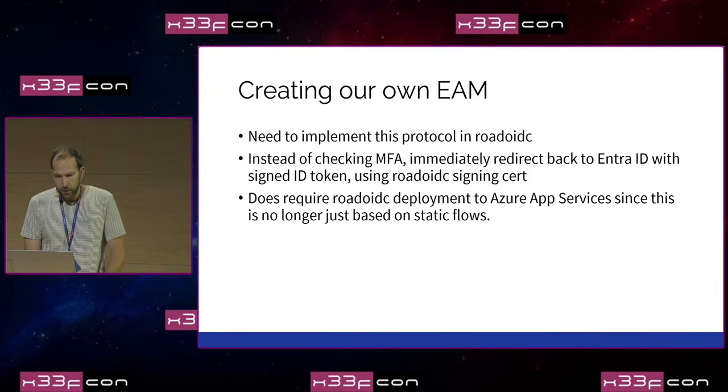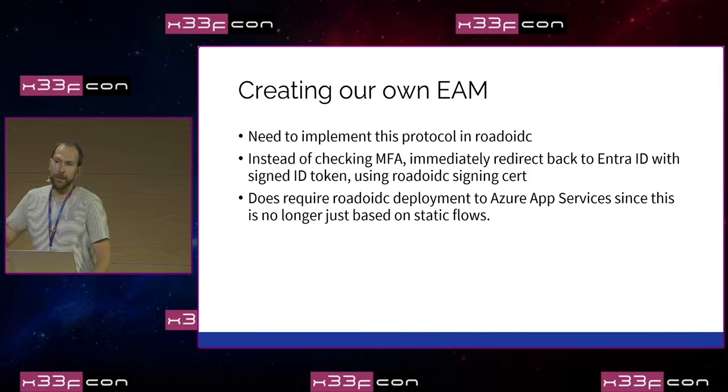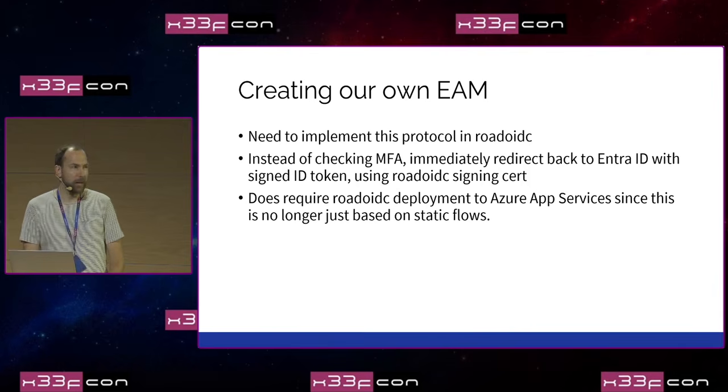All right, so if we want to create this ourselves, then we have to implement this protocol in roadoidc. And if we don't want to actually do MFA, like I don't want to create a mobile app that does MFA, I'm lazy, so I just want to always pass the MFA challenge. I'm just going to redirect the user back to Entra, and tell Entra, okay, the MFA was done.